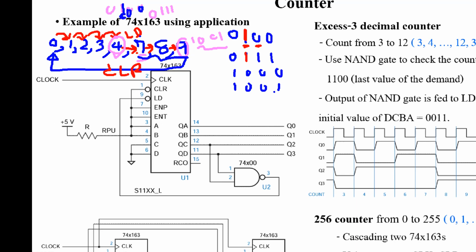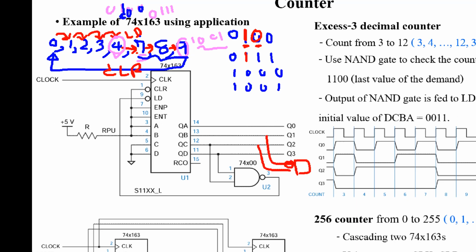So if you use 1 here and 0 here, maybe that's not enough, right? To make sure that it's the state of 4, you use this bit as 1 and this bit as 0. Check.